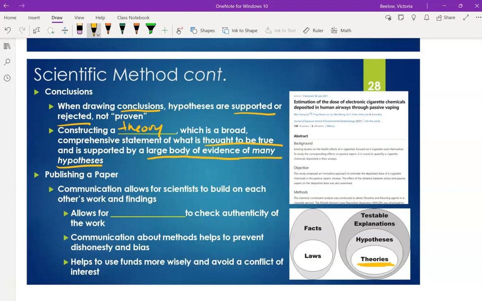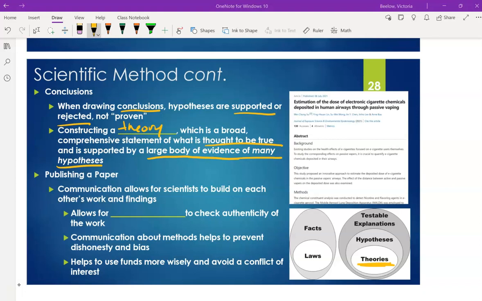For example, there is the theory of evolution by natural selection, explaining how species change over time. There's quantum theory. It's a little bit outside my realm of expertise. That's more physics. Same thing, general relativity. That's Albert Einstein's theory of relativity. There's cell theory. We'll talk about that later in our cells unit.